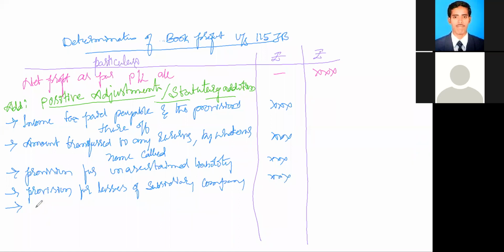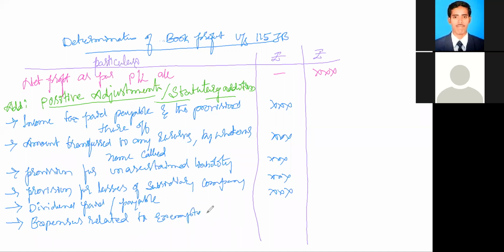Next, dividend paid or payable. Next, expenses related to exempted incomes.